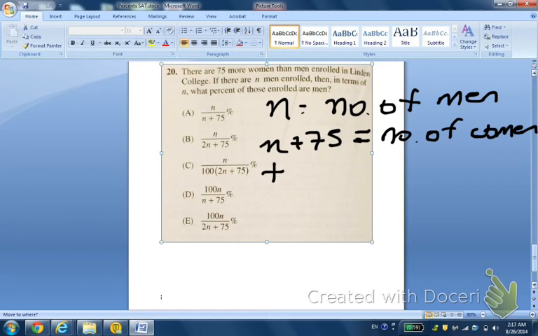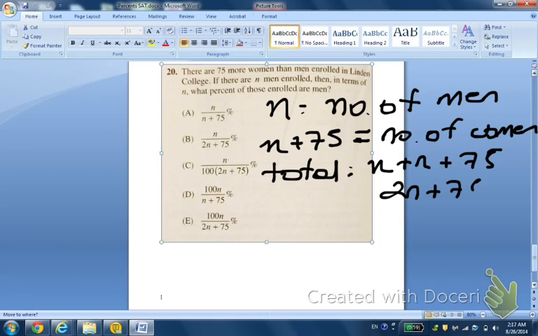The total then, right away, is N plus N plus 75, everybody together, which is 2N plus 75.